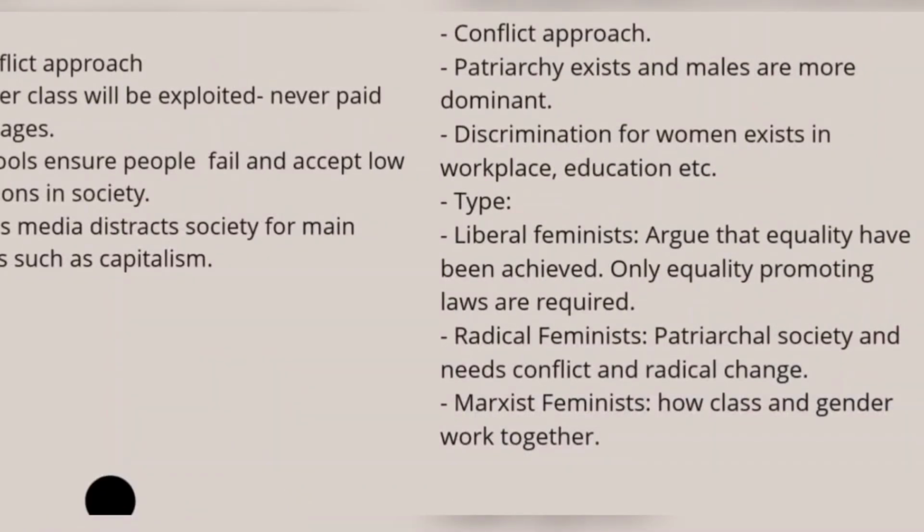Okay, now the third type is Marxist feminist. They basically say how class and gender work together. So what they are doing is they are linking the feminine gender with the class.